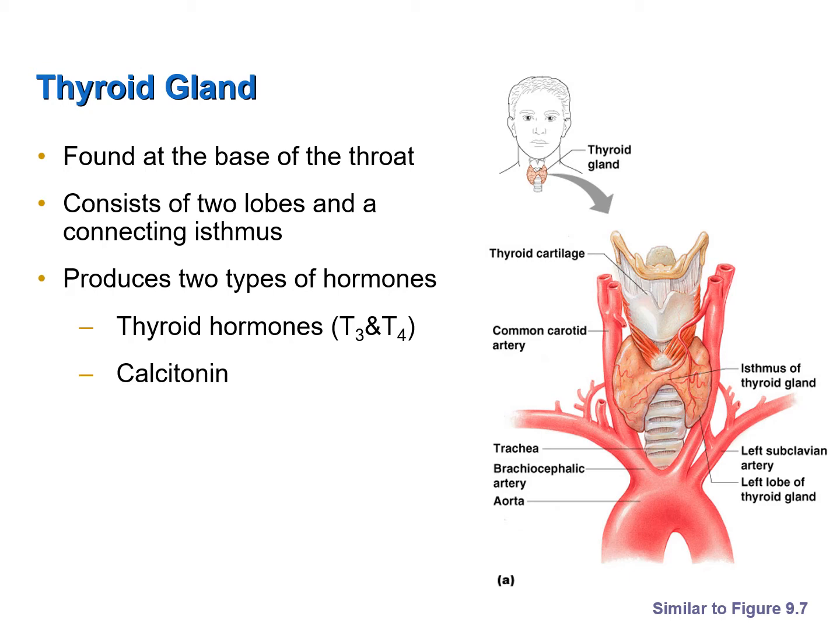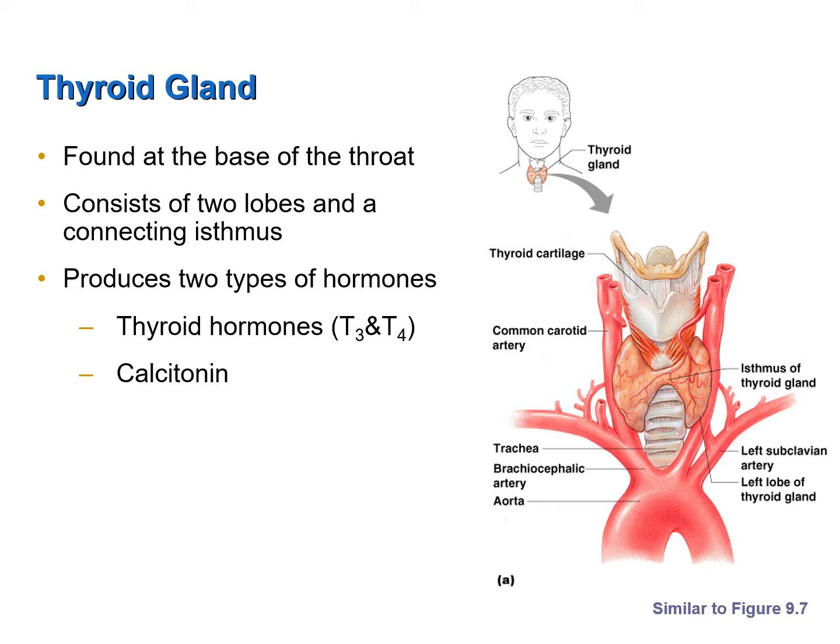The thyroid gland produces 2 types of hormones. It produces this hormone called calcitonin, which we'll talk about in another screencast, and it produces 2 other hormones, which we typically refer to as just the thyroid hormones, which is T3 and T4, triiodothyronine and tetraiodothyronine.